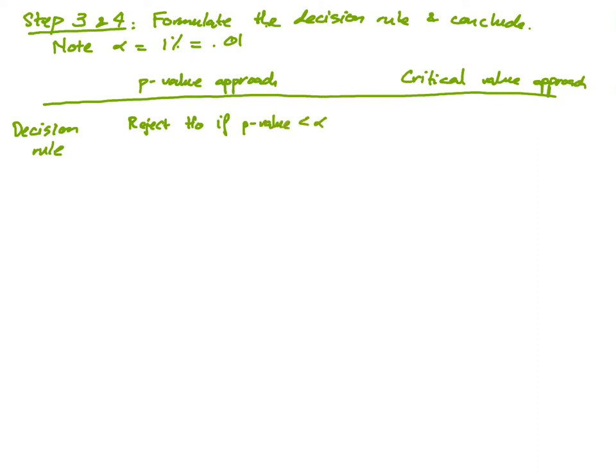And for the critical value approach, we reject the null if the test statistic is less than the critical value, where the critical value is equal to negative z sub alpha, because this is a lower tail test.